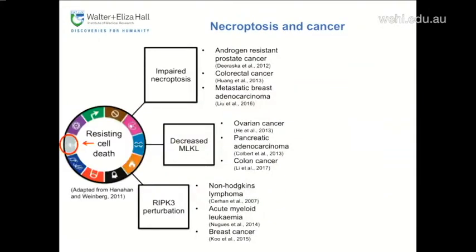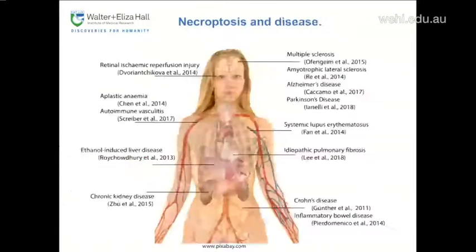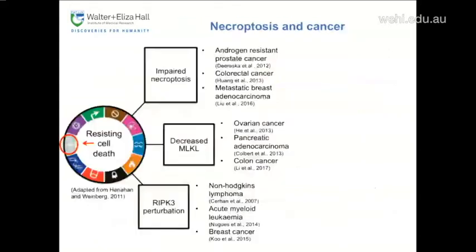Necroptosis has also been implicated in some cancers, and there's a bit of a mixed bag with this. Most of the research tends to focus on the loss of necroptosis being detrimental for you as far as cancer goes, because your cell's avoiding cell death, and resisting cell death is one of the key hallmarks of cancer.